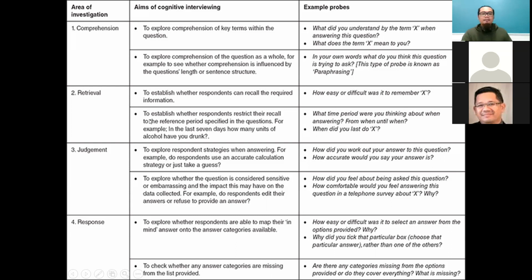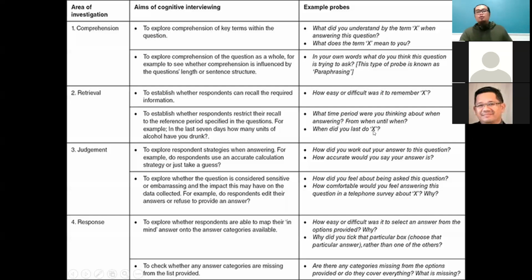Second is to establish whether the respondent restricts the recall to the reference period specified in the question. For example, in the last 7 days, how many units of alcohol have you drunk? In this method, what time period were you thinking about when answering? From when until when?